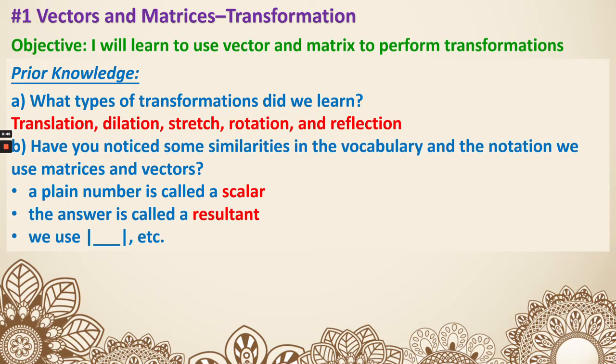And the answer of any kind of operation, adding, subtracting, scalar multiplication for vectors and matrices, we have been calling them resultant. And next, we have the absolute value looking notation for matrix. That is to calculate the determinant. And for vector, that is to calculate the magnitude. So these are some pretty obvious similarities.